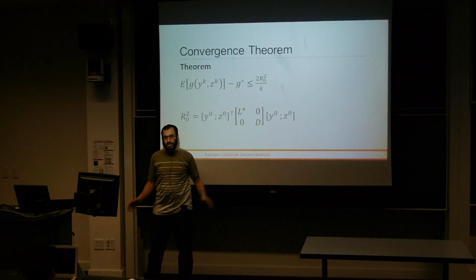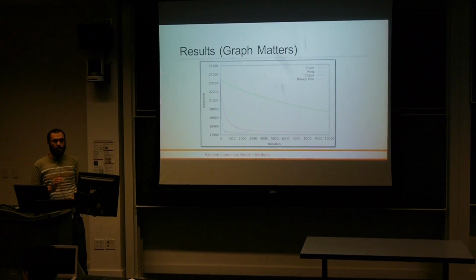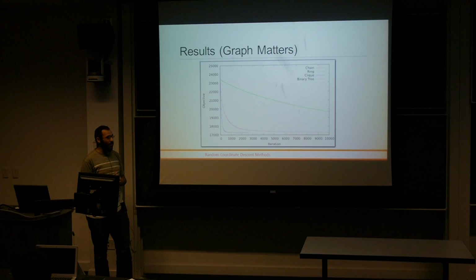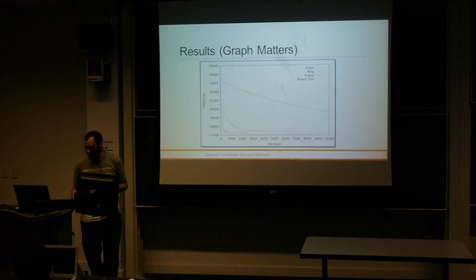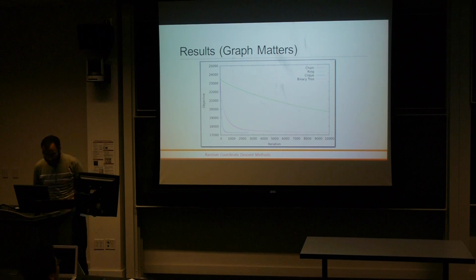For y, it depends on the graph, and so we ran experiments on multiple graph layouts. And as we can see, convergence significantly depends on how the graph is connected. Iteration here means number of samples of edges? Yeah, because that corresponds to an update.